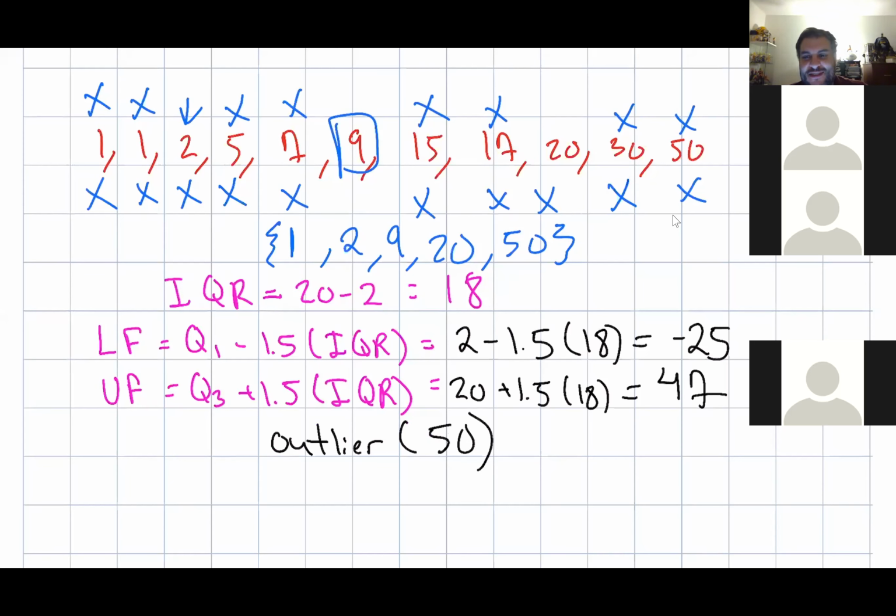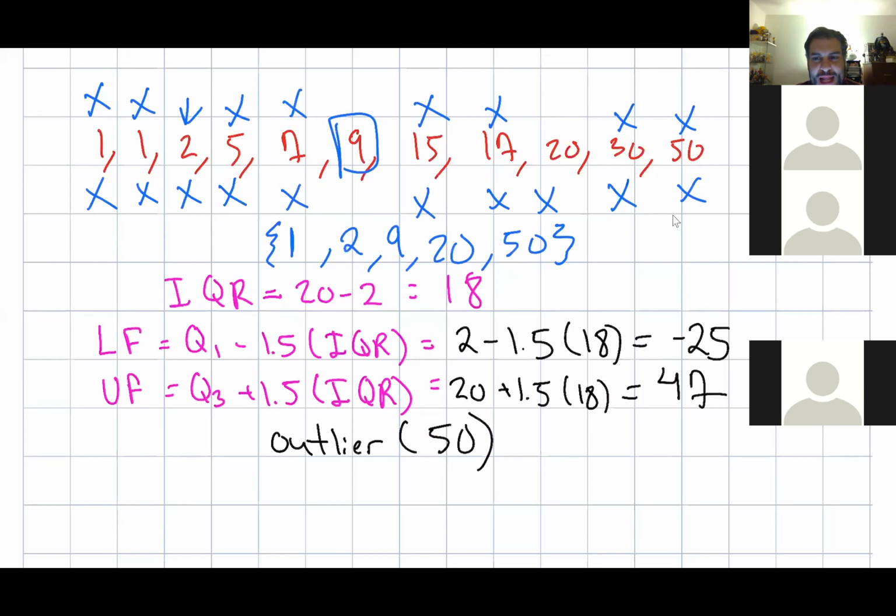So our outlier is 50, and that's how you find an outlier. You find the lower fence and the upper fence, and then you see if all the values are in between the lower fence and the upper fence. If so, you have no outlier. But if you have any number outside of the lower fence or the upper fence, then you have an outlier.